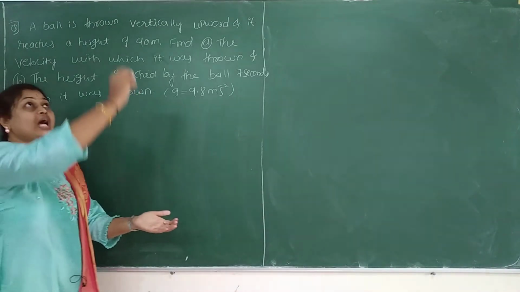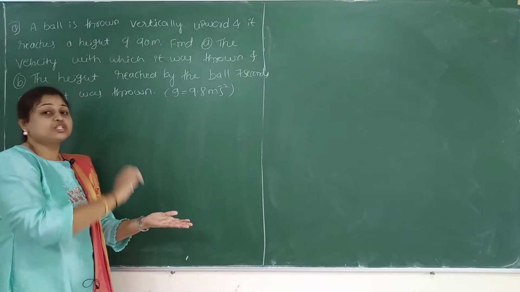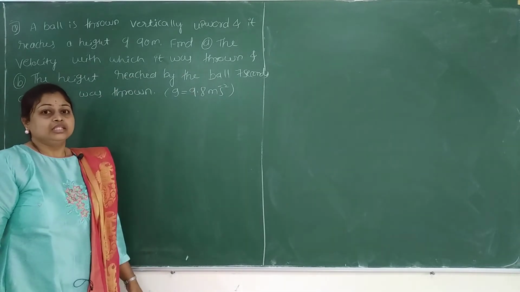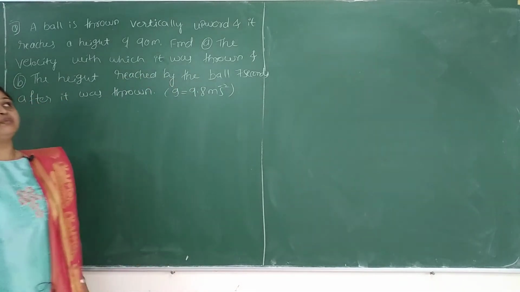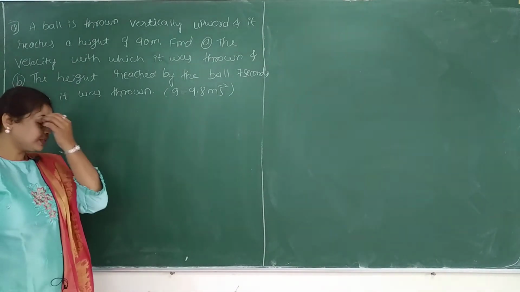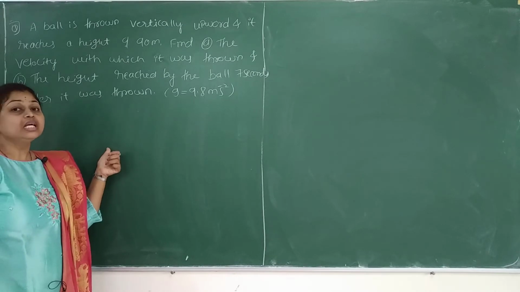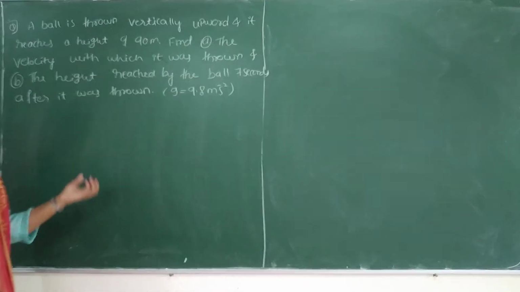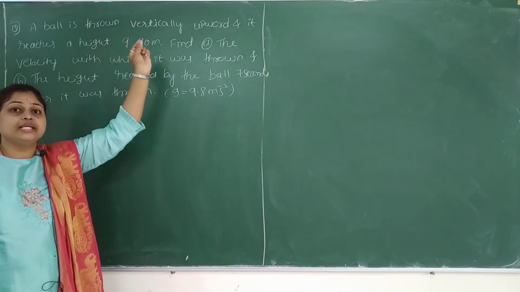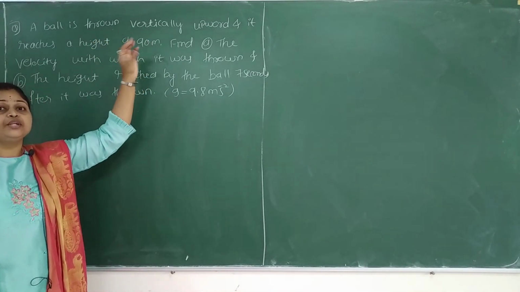And to reach that highest point, how many seconds does the ball take? 7 seconds after throwing the ball. So with how much velocity you are throwing the ball, that you have to calculate, that is the initial velocity.